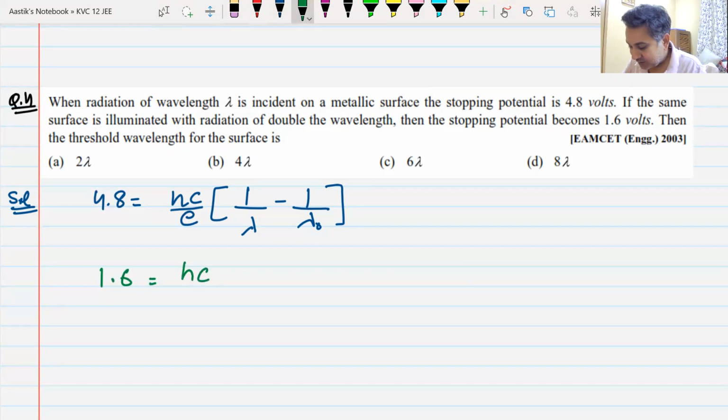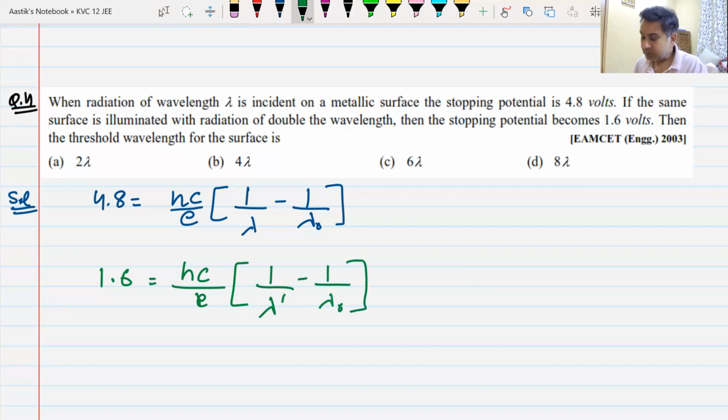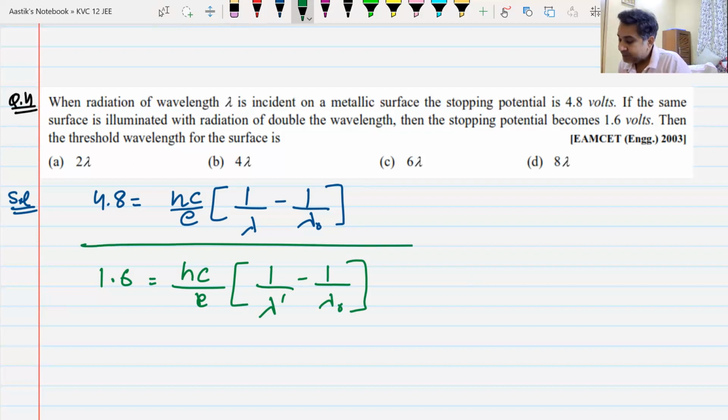These are the small things that you have to remember, beta. This is lambda dash, minus 1 by lambda naught. You just have to solve these two equations. You divide these equations. You should be able to solve them.